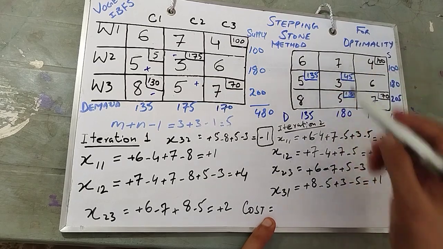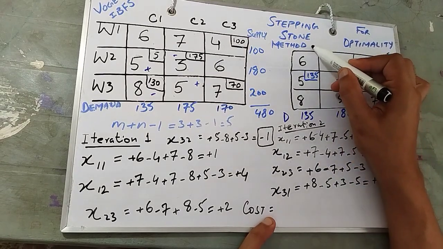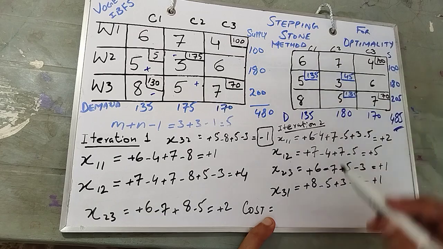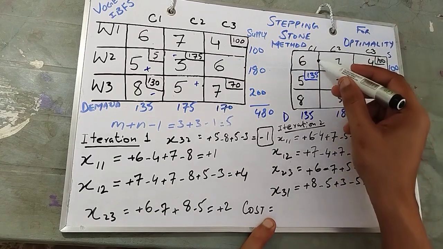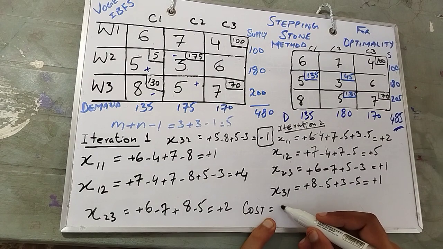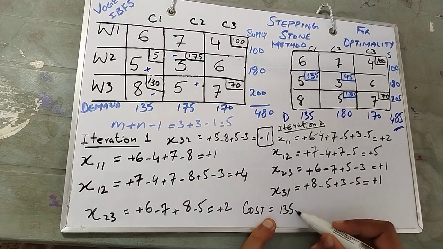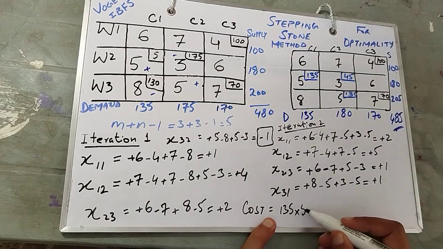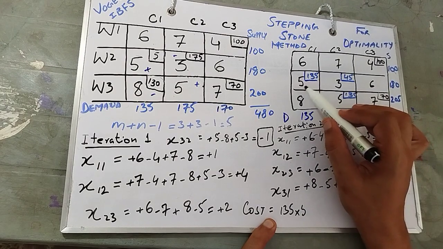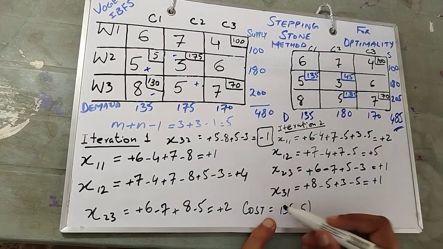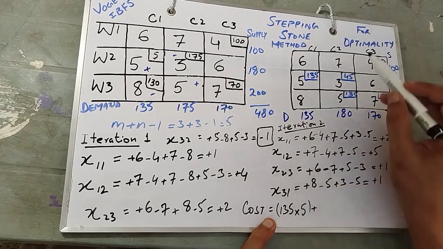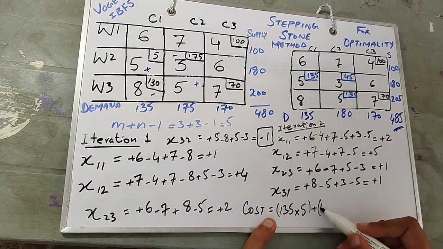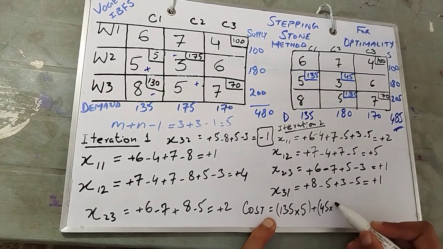starting from customer 1. You see, this is customer 1, customer 2, customer 3. Starting from customer 1, 135 is allocated, and the per unit cost is 5, quantity is 135. Plus customer 2, quantity is 45, per unit cost is 3.